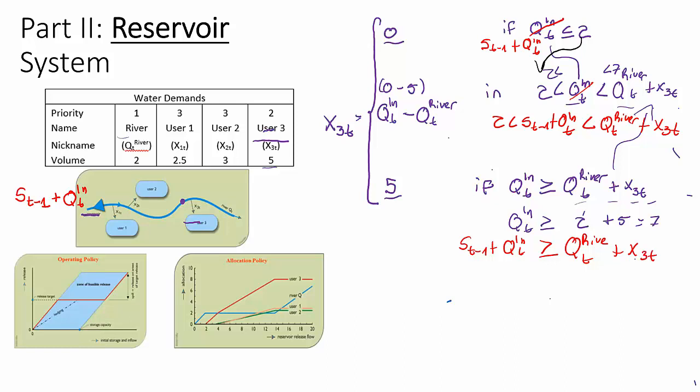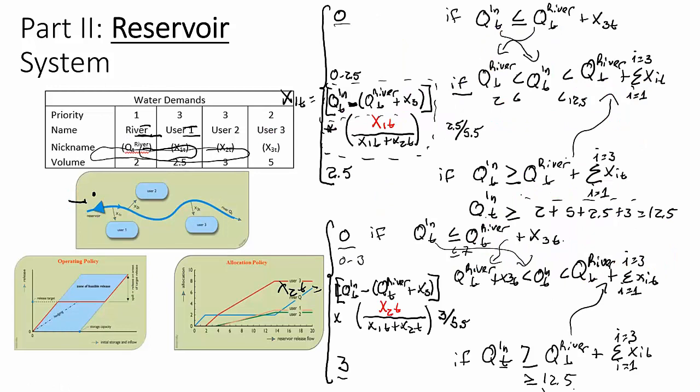So it will not be this. It will be this water, which is exactly the same. I'm just adding this St minus 1 when I'm seeing a Q in. And the last one will be the same. Rather than having this Q in, it will be this plus St minus 1. This will be this one plus St minus 1, and it will be this one plus St minus 1. Okay? And then in here it will be exactly the same. If this will not be Q in, it will be Q in plus St minus 1.